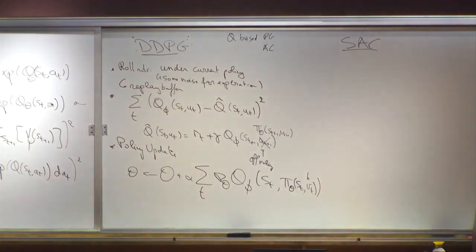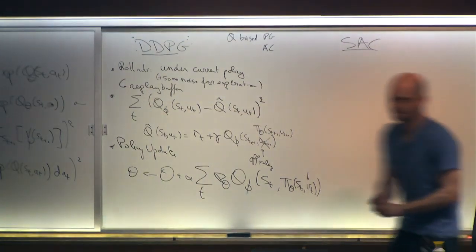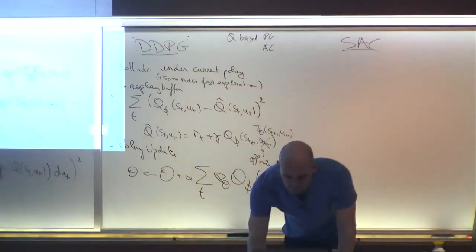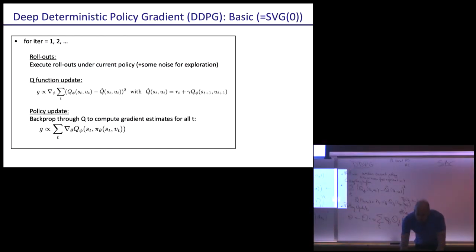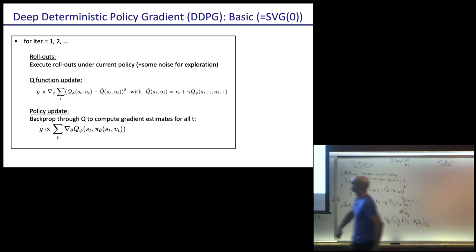All right, let's take a look at results from SVG and DDPG. So we saw this one on the board. This is the basic version of DDPG, which is really SVG 0. Turns out there's other versions of SVG. The 0 refers to the fact that we only have one reward here, and then the Q function.